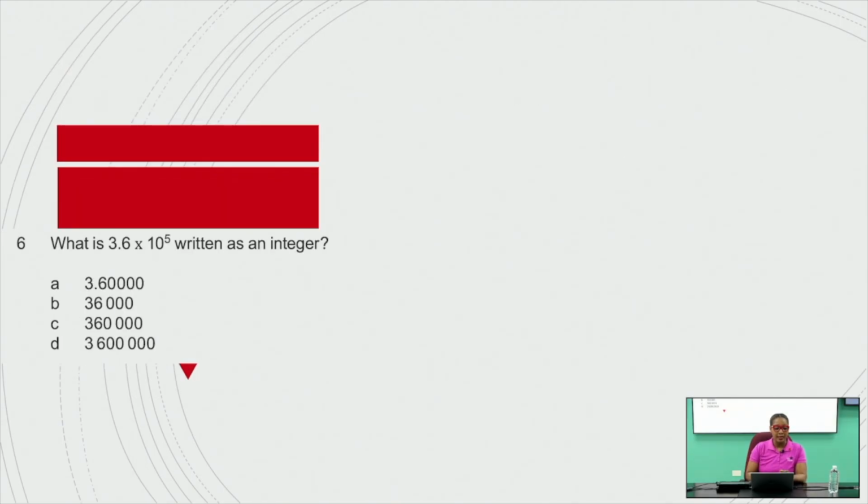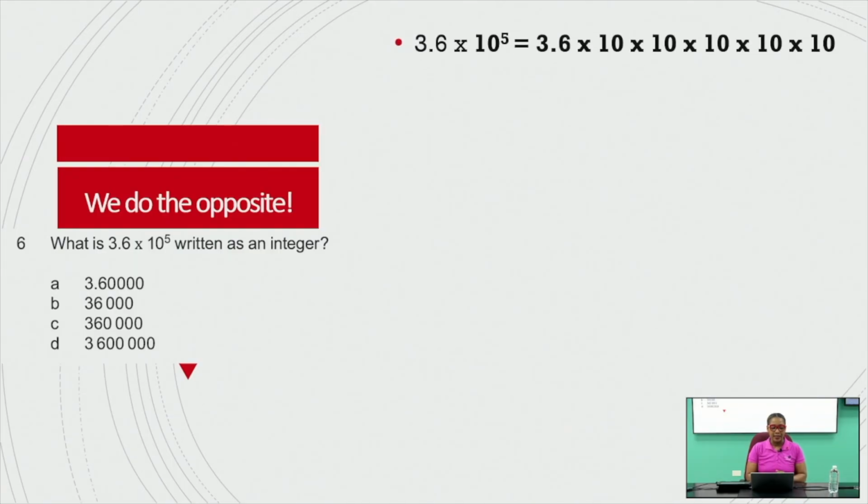We're on to question 6, which says, what is 3.6 multiplied by 10 to the 5th power, written as an integer? What are we asked to do here? The opposite of what we just did. So let us look at it.